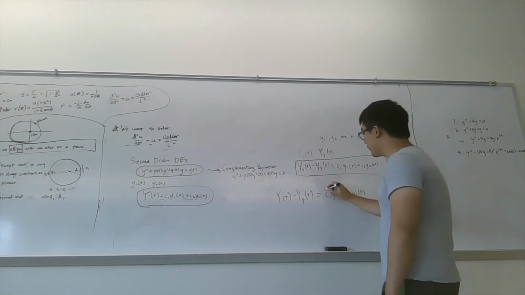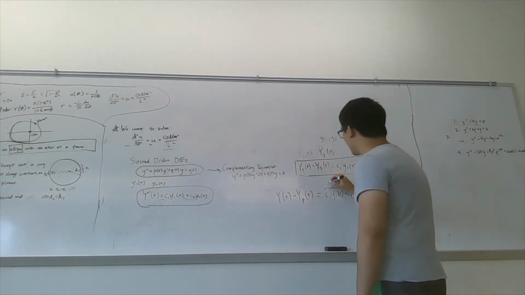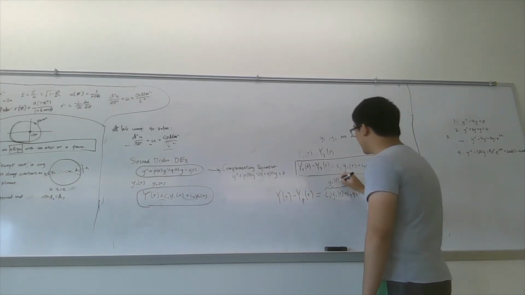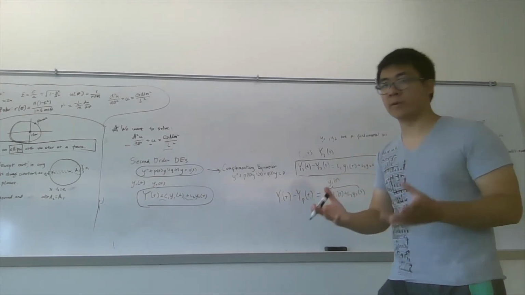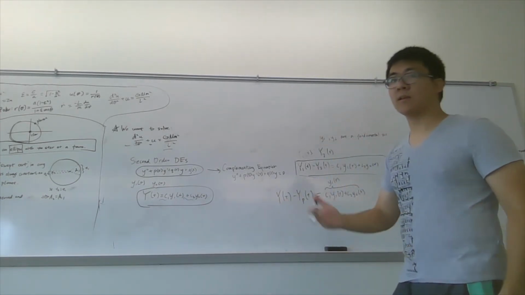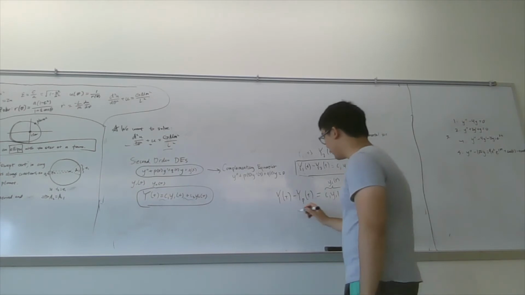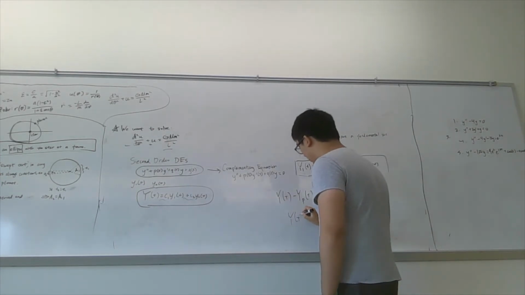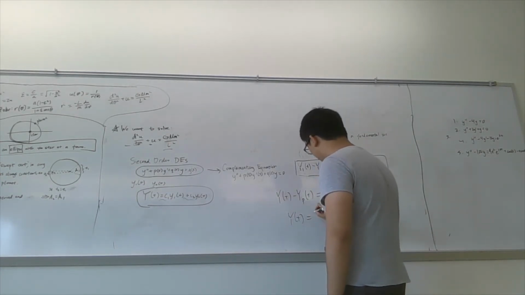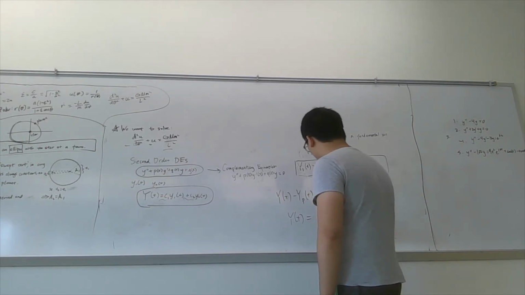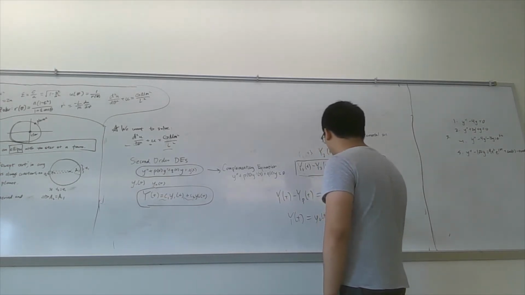For now, let's denote this linear combination as y_c(t), the general solution to our complementary equation, y subscript c. And then we can rewrite our general solution to the non-homogeneous differential equation as just y_c(t) plus y_p(t).